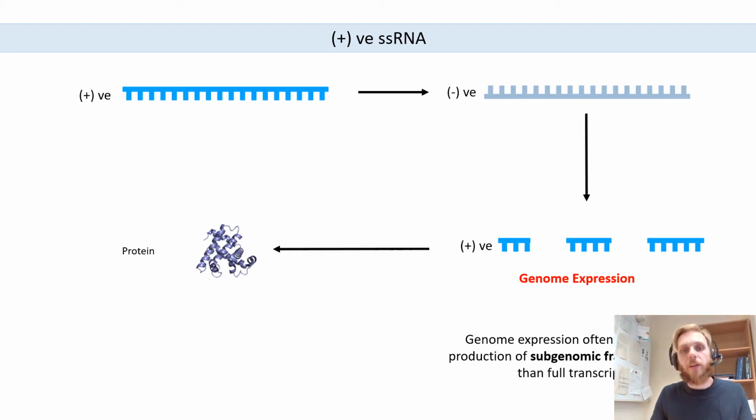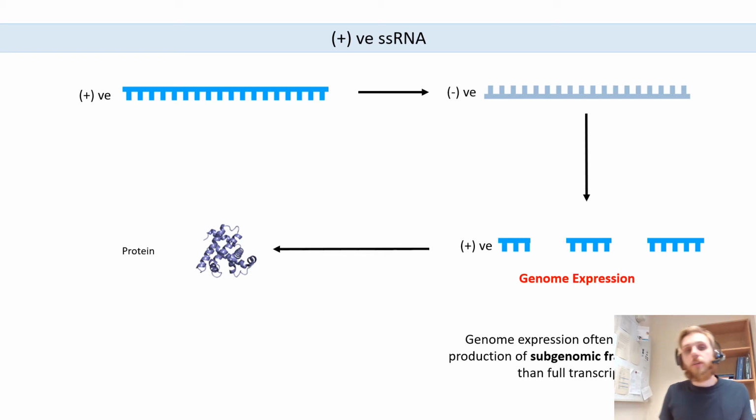Ultimately, there's a switch to genome replication. This genome replication produces copies of the viral genome, and these copies can be packaged into the virus particles that are produced. This switch doesn't need to happen early because first you need the virus particles to be made. First you need the viral proteins to be created, and these viral proteins can be assembled into new virus particles.